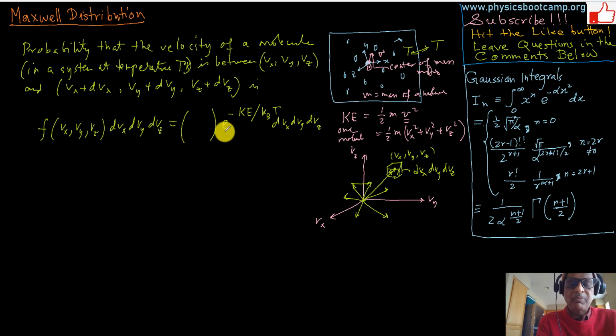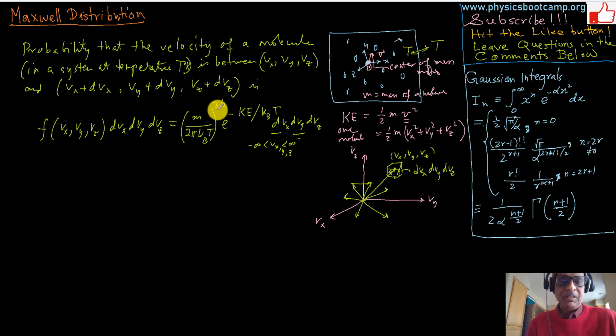And because there are three of these, when you integrate, each of Vx, Vy, Vz is from minus infinity to infinity. So this is m over 2 pi kBT to the power 3/2.